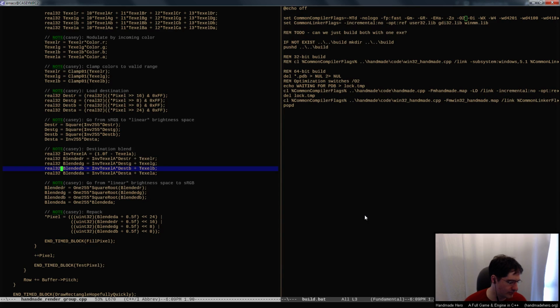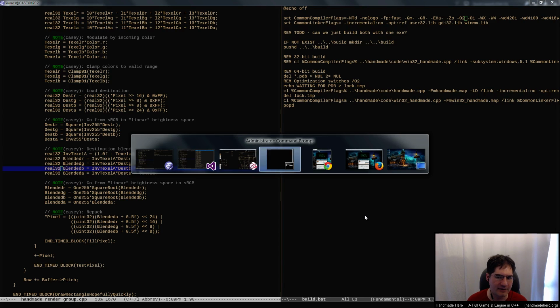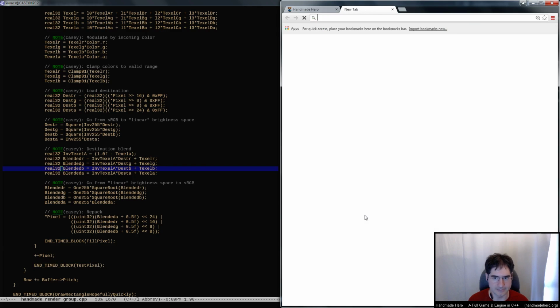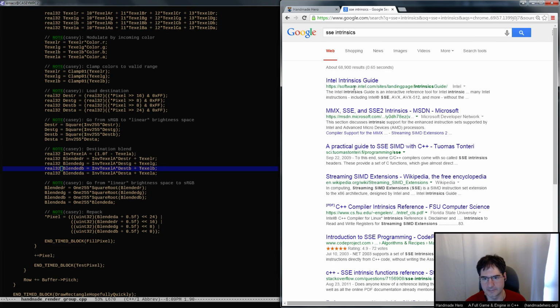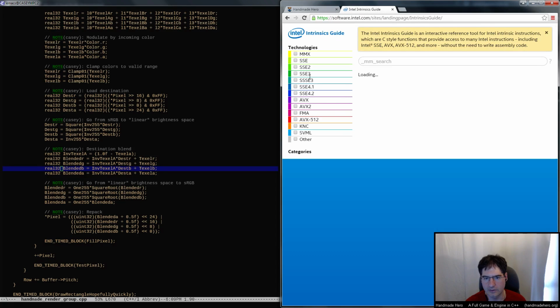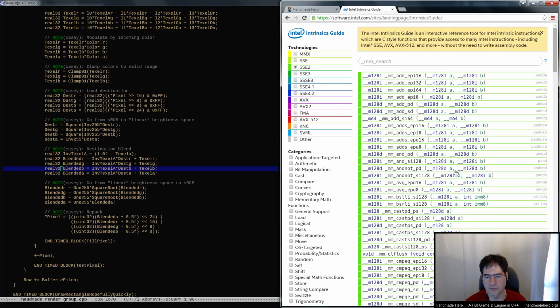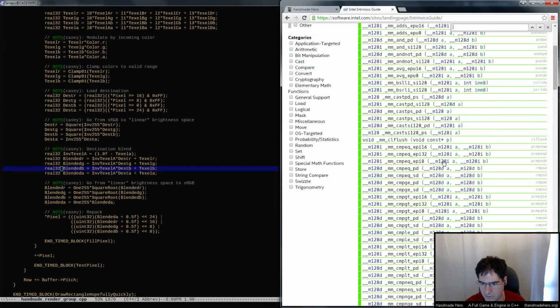Aren't those square roots pretty expensive? So actually they're not, and that's pretty interesting. I don't know if this guide has some of the stuff in here.